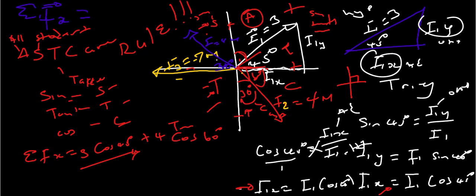So we also have this. Remember, we're talking about the x-axis. This is also acting on the x-axis, with a magnitude of -7 Newton. We also have this force here, acting at an angle, whose angle is 30 degrees. So we're going to apply the same thing.